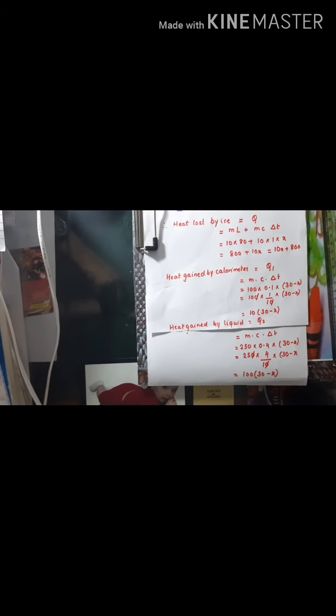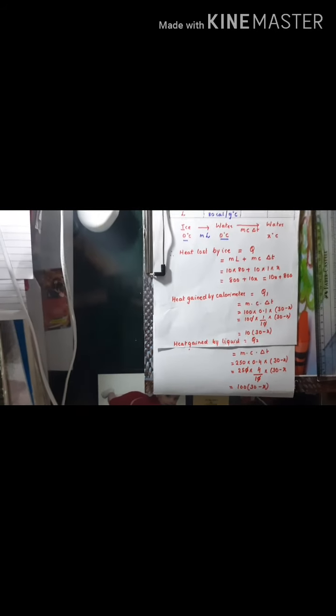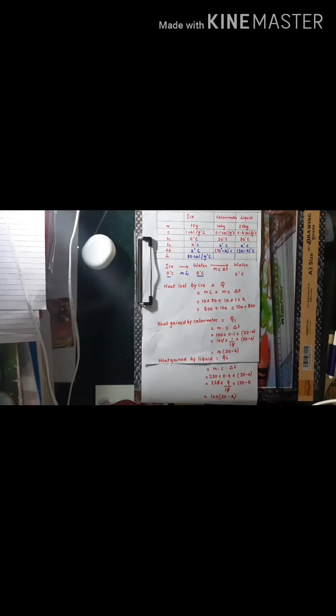Now, please pay attention to this next one. Now, tell me, what is it? Heat lost by ice is equal to heat gained by the calorimeter plus heat gained by the liquid. Okay, isn't that right?